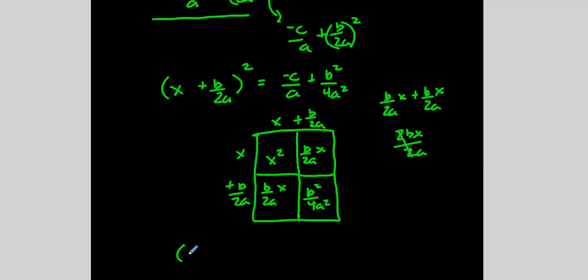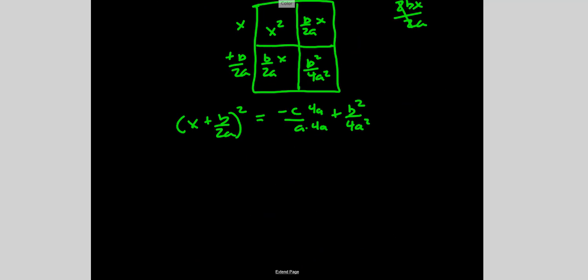So let's rewrite this. I have x plus b over 2a quantity squared equals, now here on the right side I'm going to get a common denominator, so I can make one fraction. But my least common denominator of a and 4a squared is 4a squared, because I can multiply a by 4a to get 4a squared, so I have to do the same to the numerator. So I have that. Okay, I'm going to leave the left side alone for a moment, so I'm just going to copy that down.